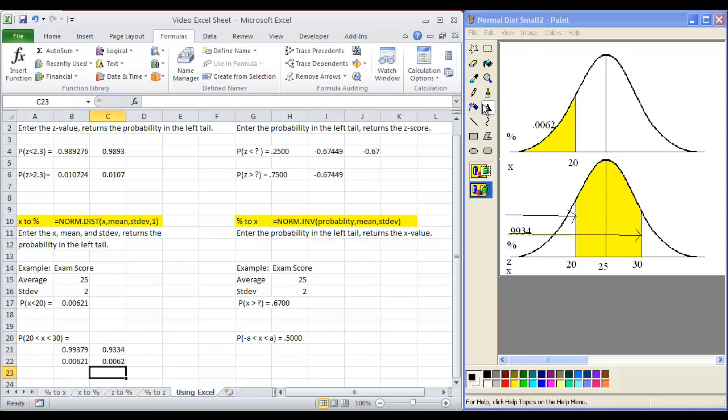So this value here was 0.0062. So to get our answer, we're going to take 0.9934 and subtract 0.0062. So the answer to that is 0.9934 minus 0.0062.